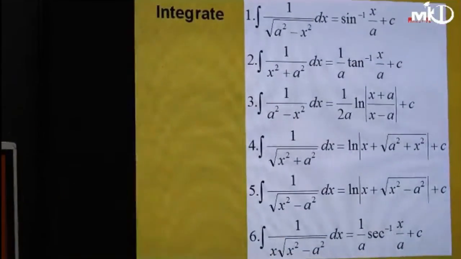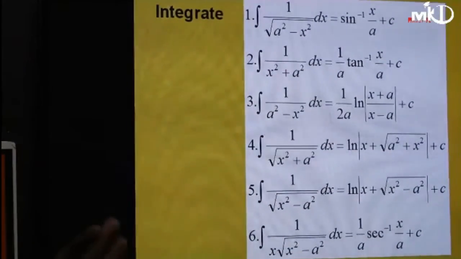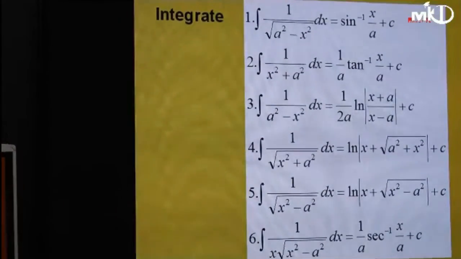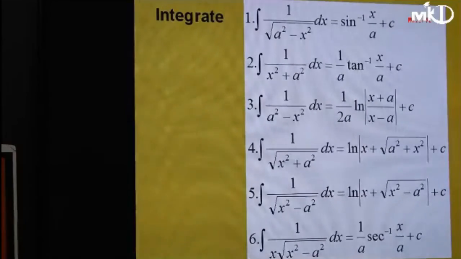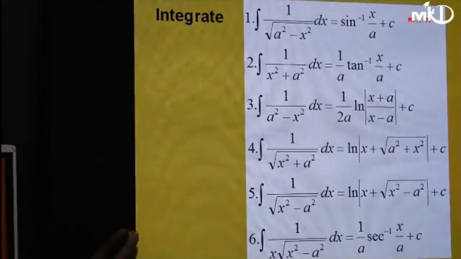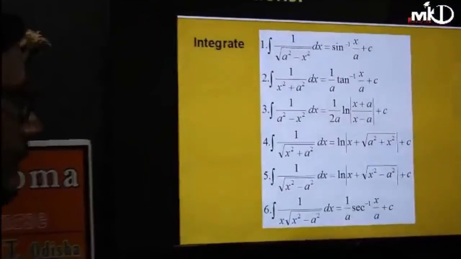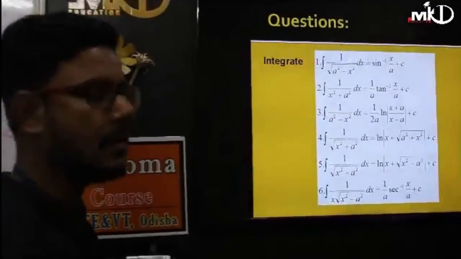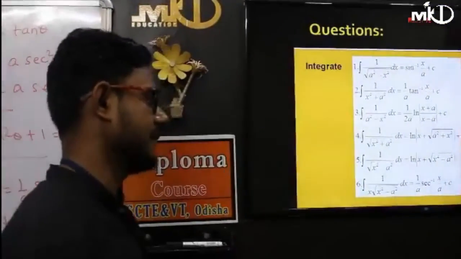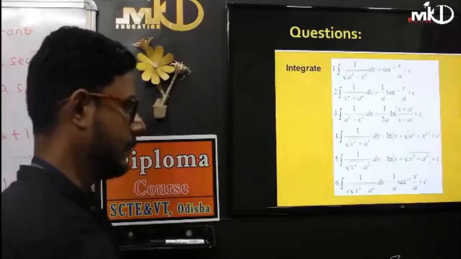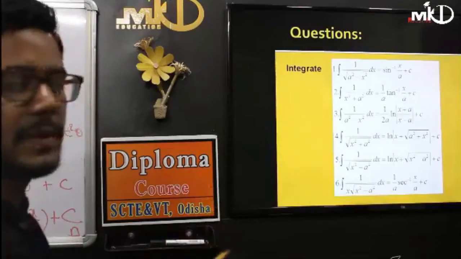So we have to remember in which case which substitution we take. If we think once, it's obvious that you have to take either a sin theta, a cos theta, a tan theta, a cot theta, a sec theta or a cosec theta. You have to make this term simpler, that's why.